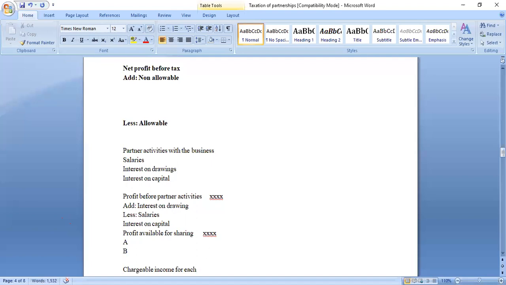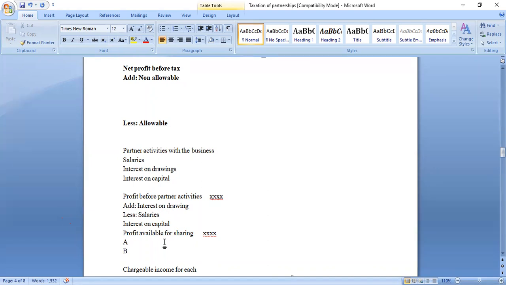What if the partners don't have the sharing ratio? What do you do? If partners don't have a sharing ratio and the statement is silent, it has not told you that you're using capital contribution as ratios, what we do is we share that profit equally.